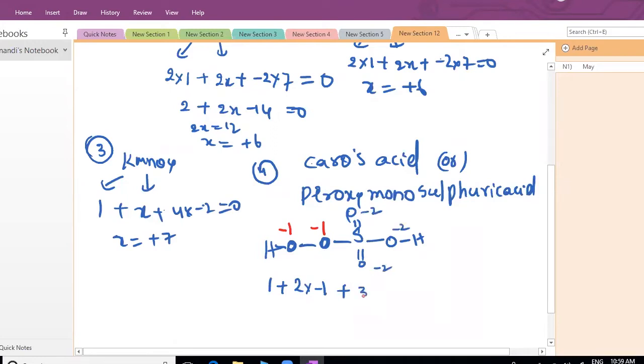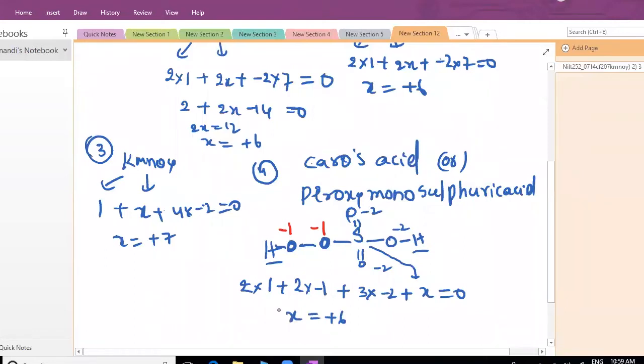So 2 hydrogens, 2 into 1, 2 oxygens, 2 into -1, and 3 oxygens, 3 into -2, plus sulfur, unknown x, equal to 0. So -2 plus 2 will be cancelled. How much is x equal to?